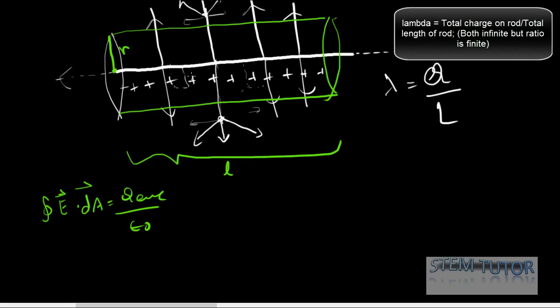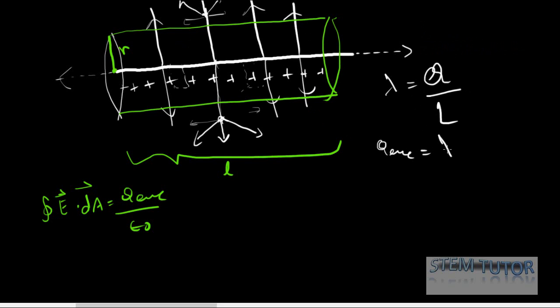There can be an infinite amount of charge on the rod, but the density, the charge divided by length, does not have to be infinite. So the charge that is being enclosed by our Gaussian cylinder is the density times the length. This length is the length of the cylinder.